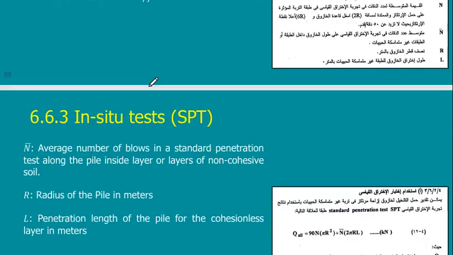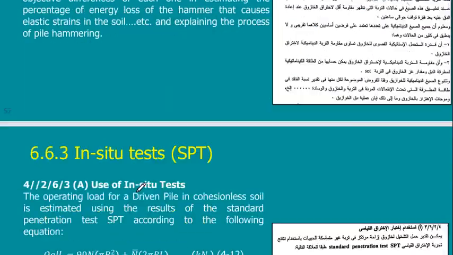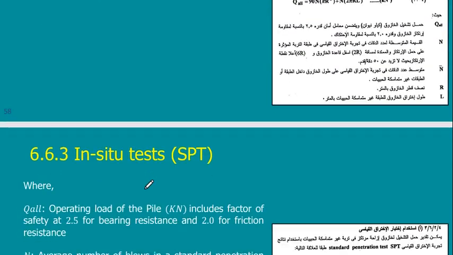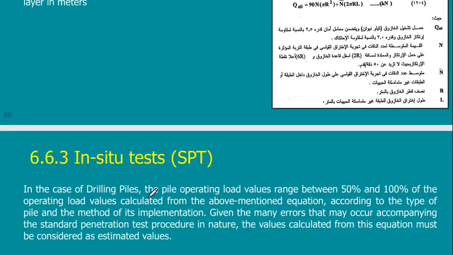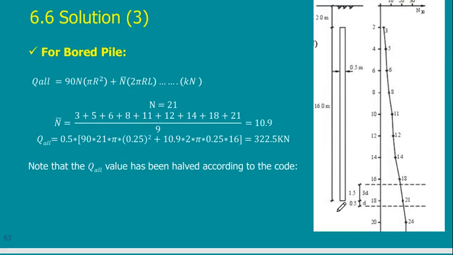And so on. I apply. Here, from what you can see, I need just to know what is N1 and what is N bar. To know what is N and what is N bar, this is important. N is the value of N at the pile tip, but I don't just go to the pile tip.